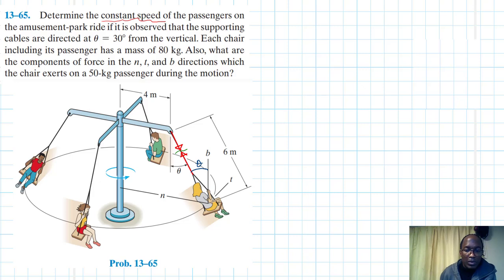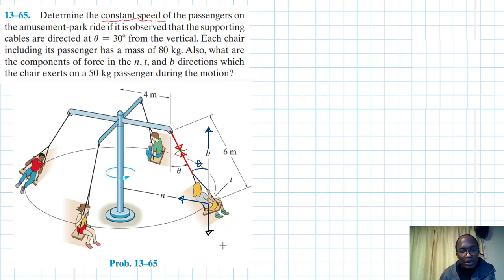Therefore, we are going to have the following components. Along the B-axis, we'll have a component of T going up like so, and we'll have another component along the N going in that direction. We also have the weight of this passenger plus the chair going through the centroid.